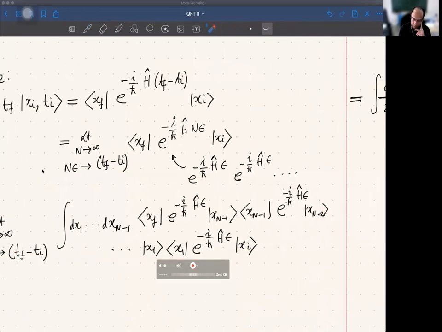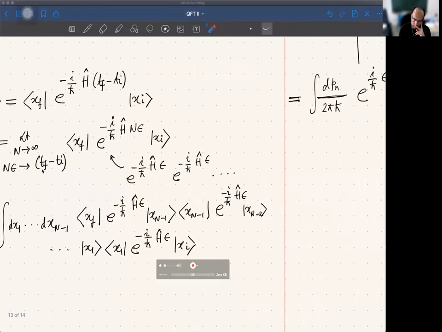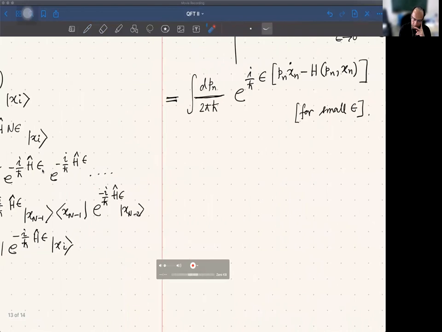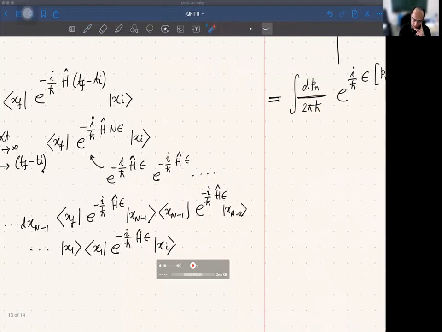In this expression you already had the integral over x, and now you have an integral over p coming from each factor like this.